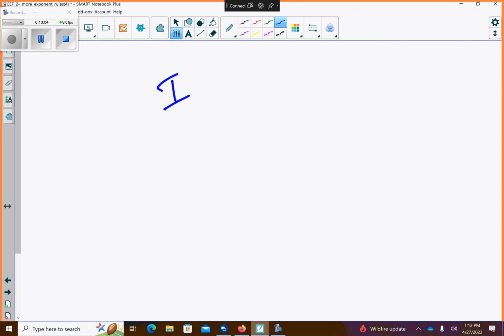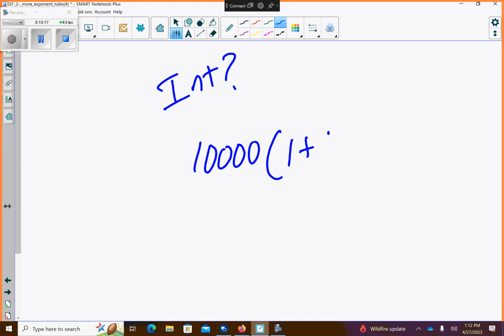we want to know how much interest we're making if we invest $10,000 for 3 years. There's going to be 1 plus rate 0.09 over 12, compounded monthly, raised to the 12 times 3.